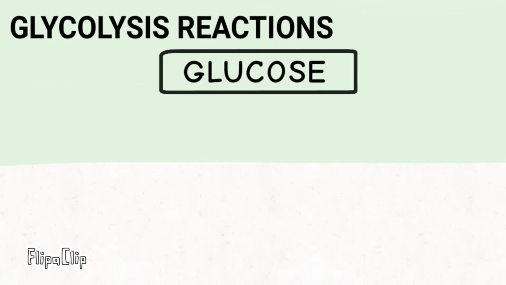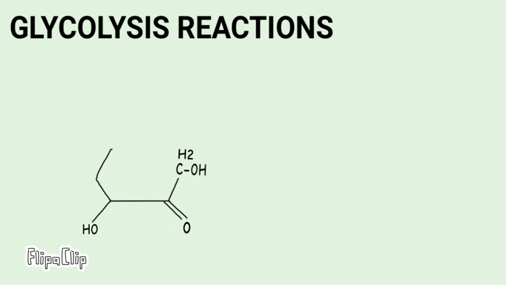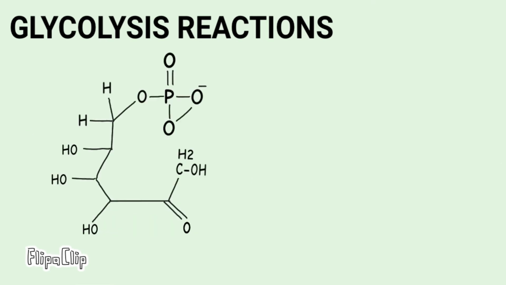Each reaction in glycolysis is catalyzed by its own enzyme. The most important enzyme for regulation of glycolysis is phosphofructokinase, which catalyzes formation of the unstable 2-phosphate sugar molecule, fructose 1,6-bisphosphate.